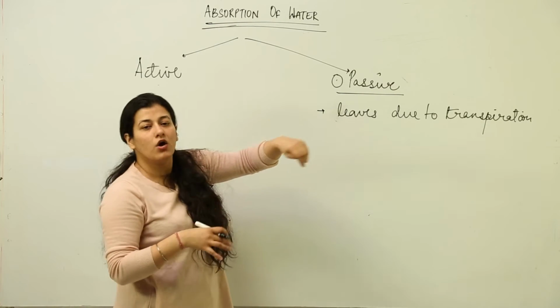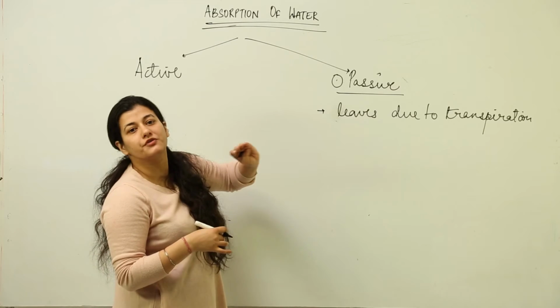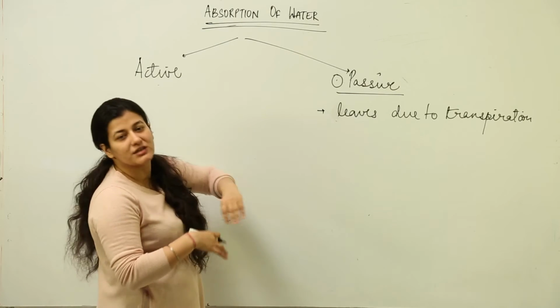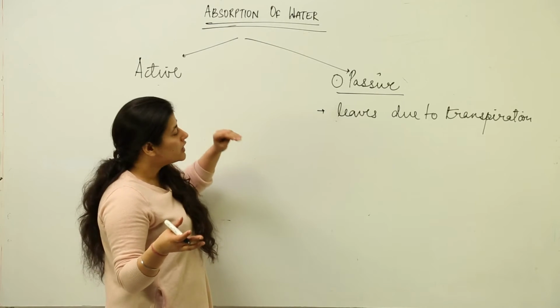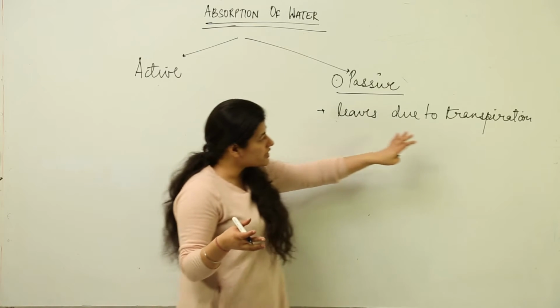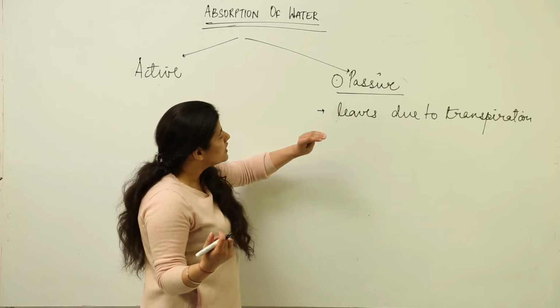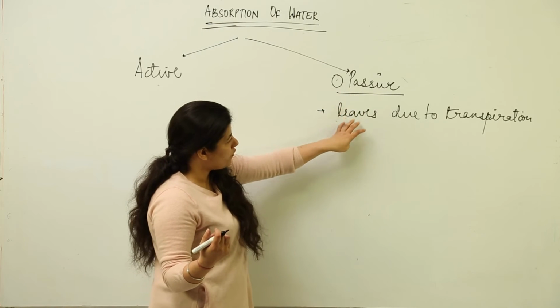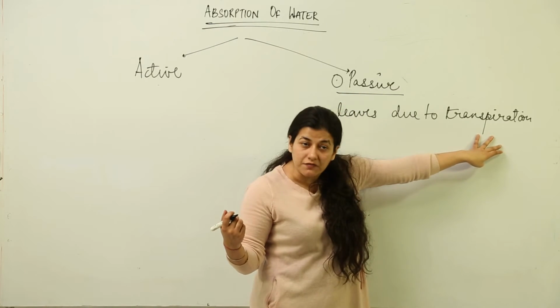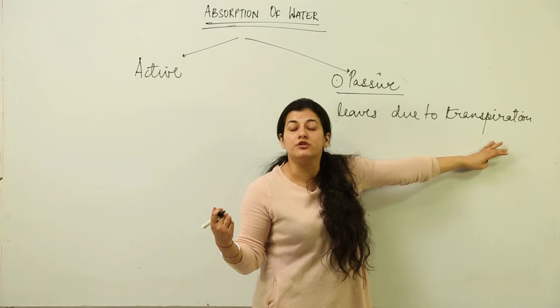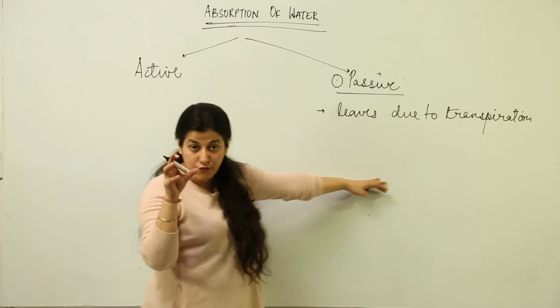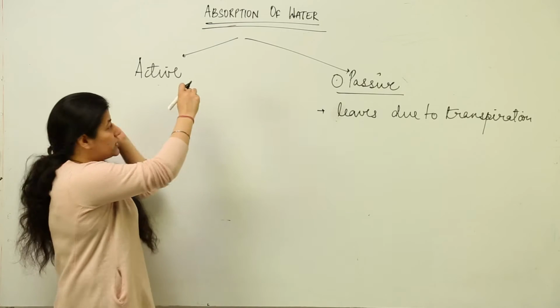It is similar to the process of evaporation. Evaporation is a completely physical process, with no involvement of living cells. In transpiration, we have involvement of living leaf cells. So in passive absorption, the force lies in the leaves, due to the process of transpiration. Leaves are the source where the force of passive absorption lies.